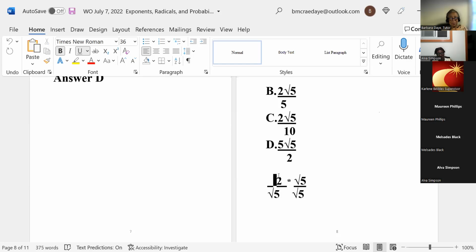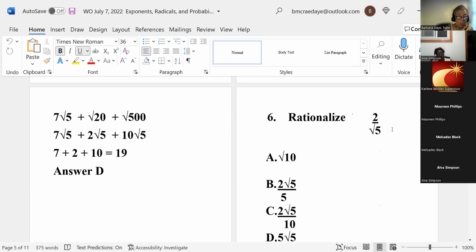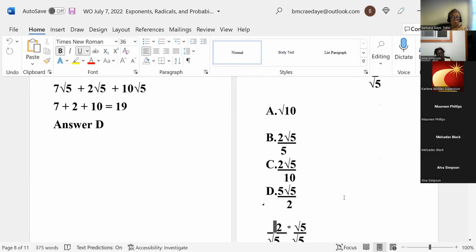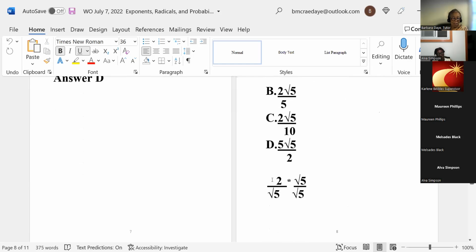Okay, so the numerator, you multiply it by the square root of 5. Yes, this is the square root of 5. The reason you did that is because you have the square root of 5 here. So whatever is in the denominator, you take that radical and multiply it by both the numerator and the denominator. So I have 2 times the square root of 5, and the square root of 5 times the square root of 5.